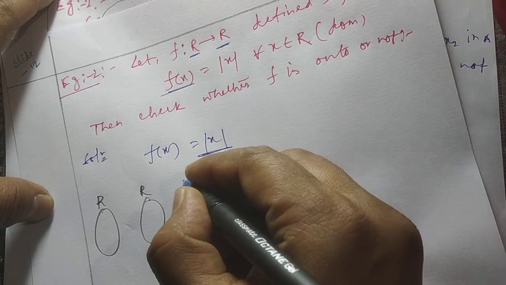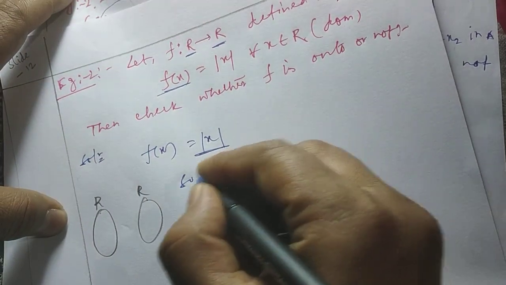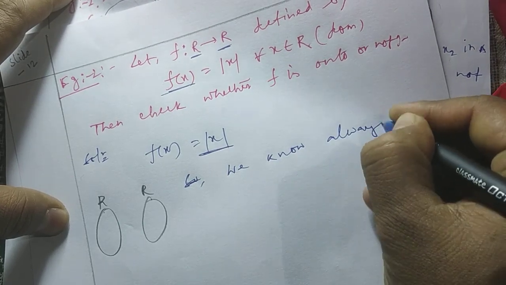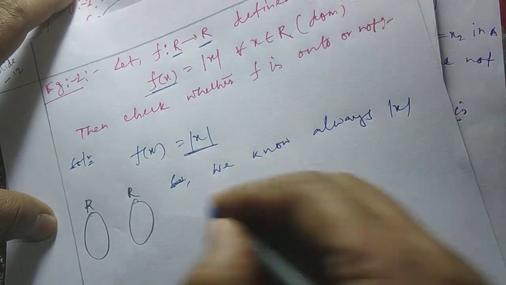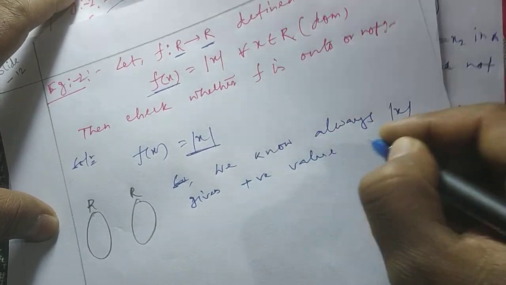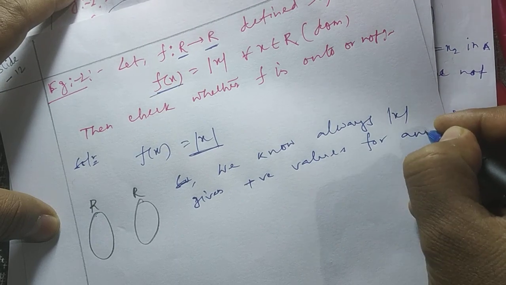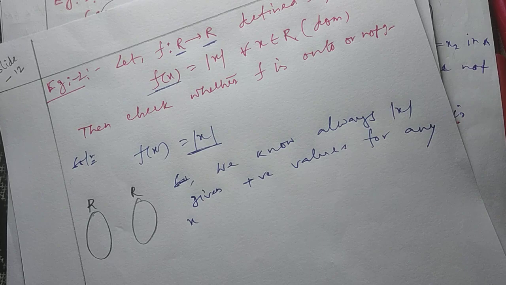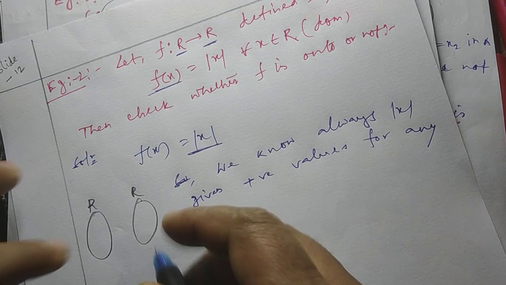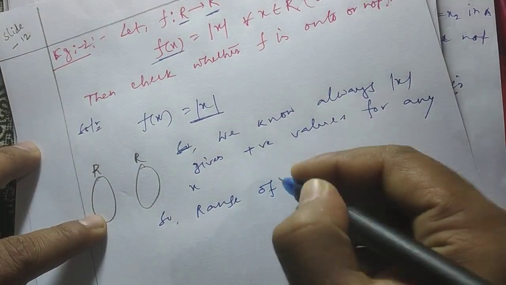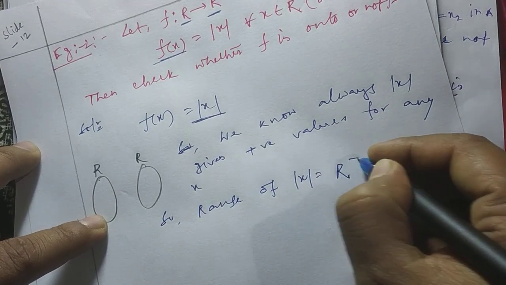So write, we know always mod x gives positive values for any x, right? We know always modulus x will give positive values for any values of x. So we can say the range of modulus x will be R plus.